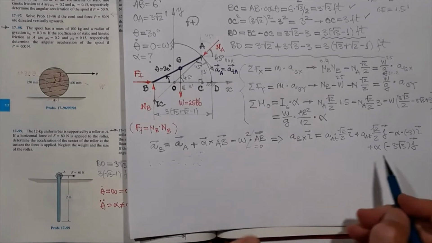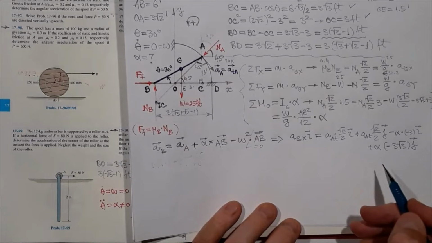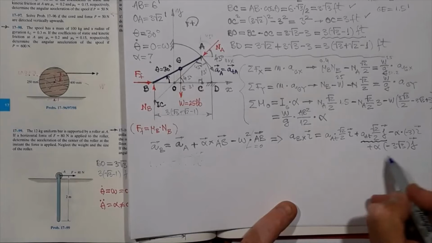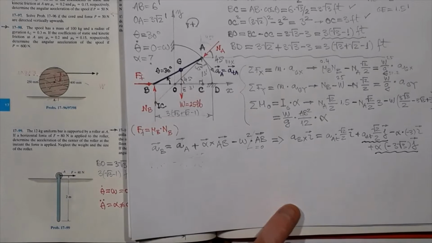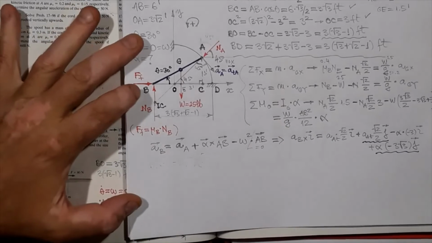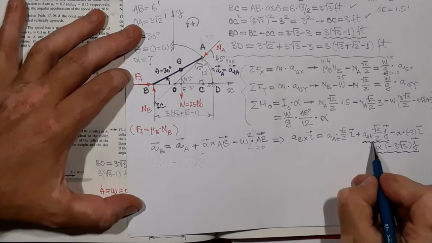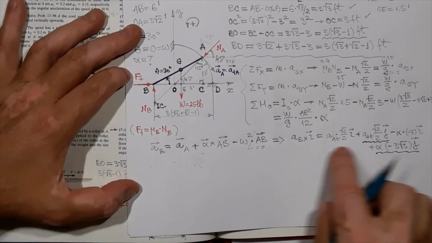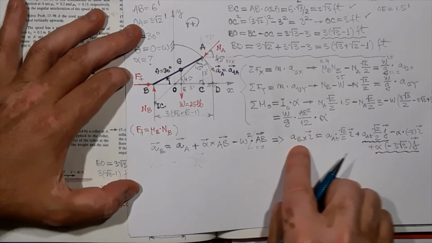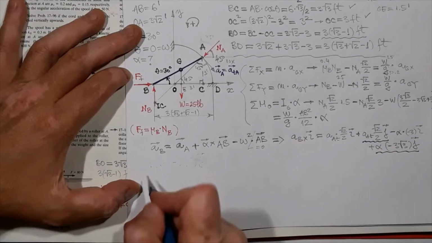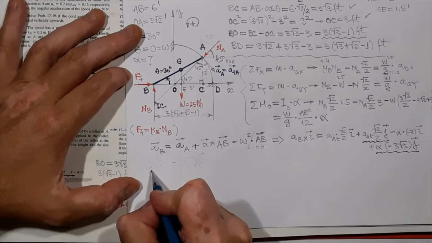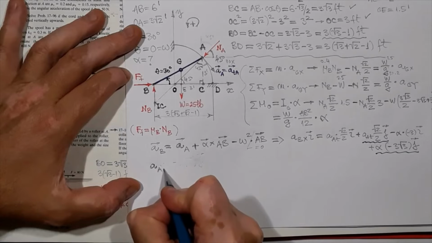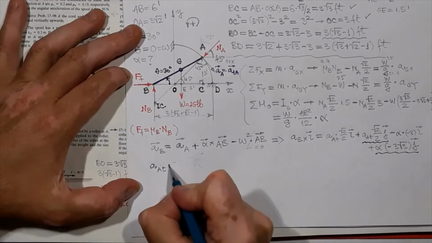If we collect the J terms, there will be this one and this one here. We can solve for the acceleration of A essentially. So one more time over J, we have 0, there's no J component to the left, and we are going to see acceleration of A tangential, which is acceleration of A.